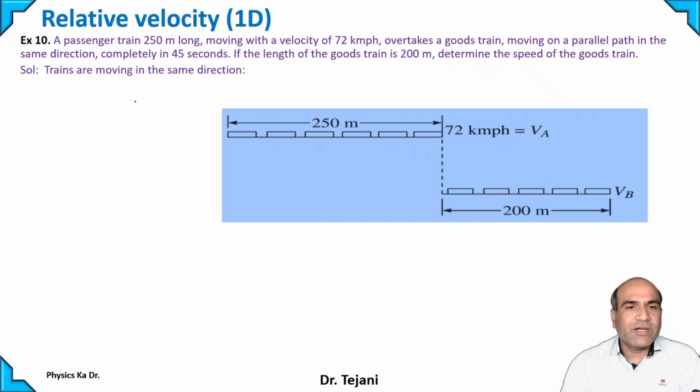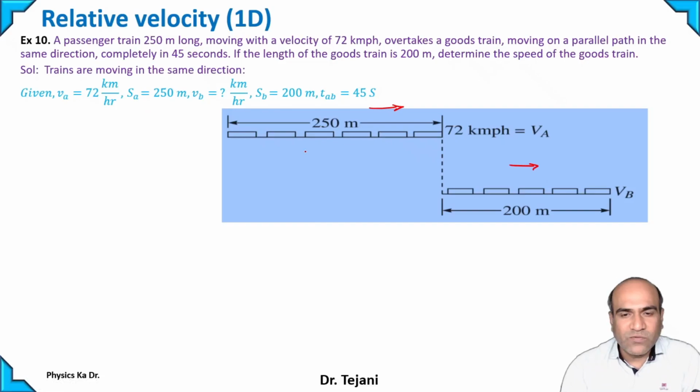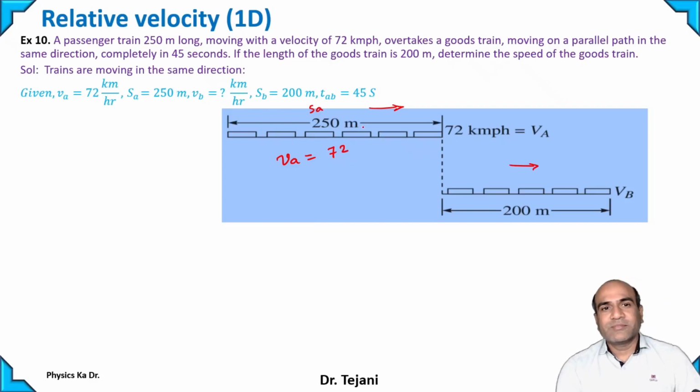So let us take the given data. Trains are moving in the same direction, both moving in this direction. The velocity of the first train VA is given as 72 km per hour. The length of train A is given as 250 meter.